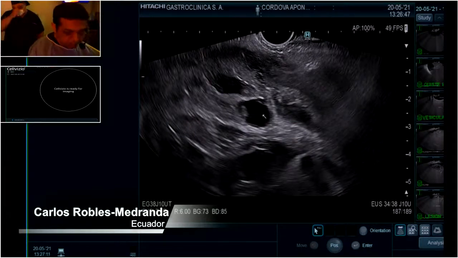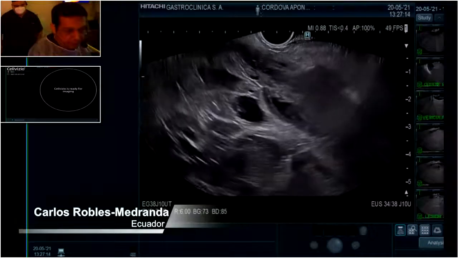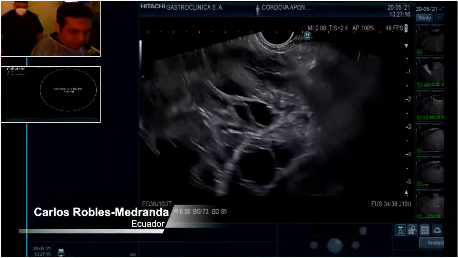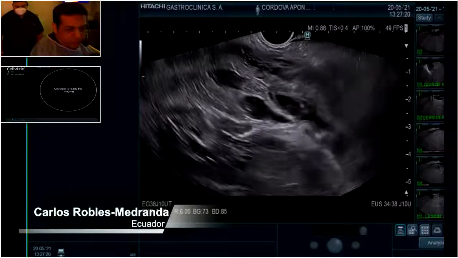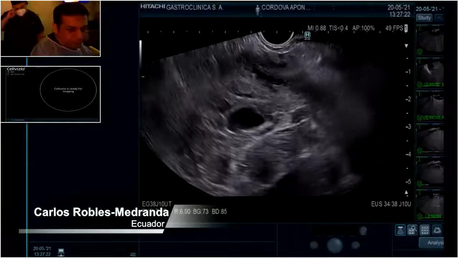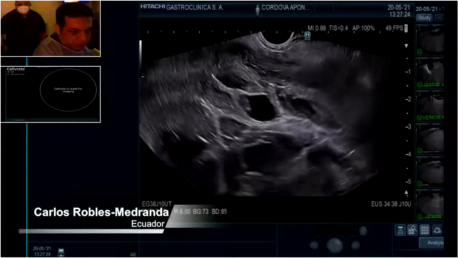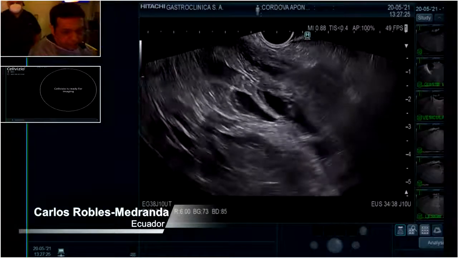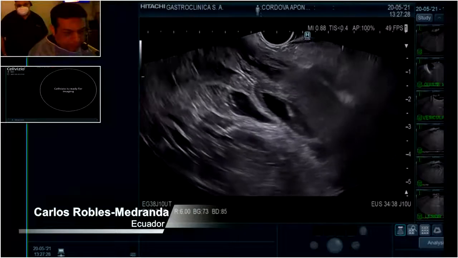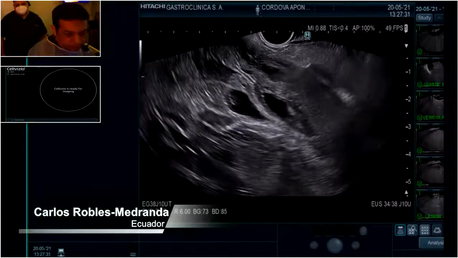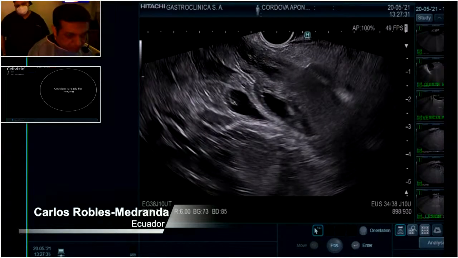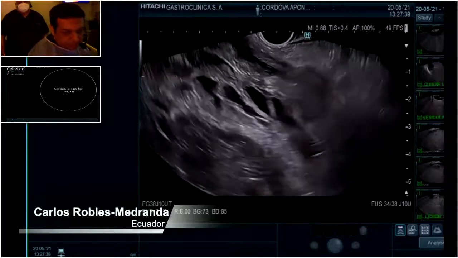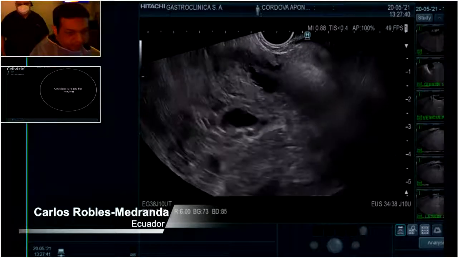So part of the differential diagnosis is serous cystadenoma, but also mucinous can have sometimes this kind of characteristics, and this could be probably mucus. So we will see very well here. This is not an anechoic cyst inside.